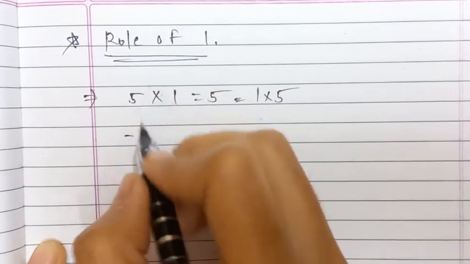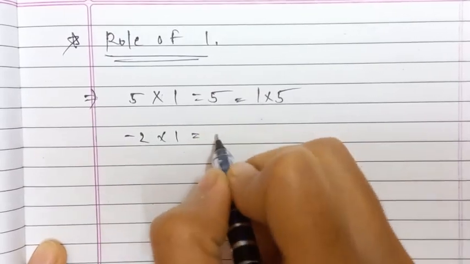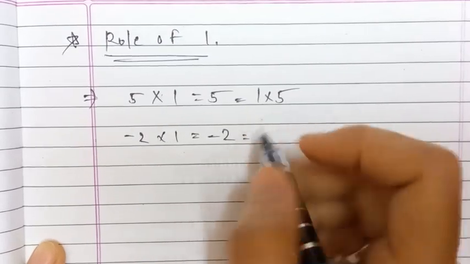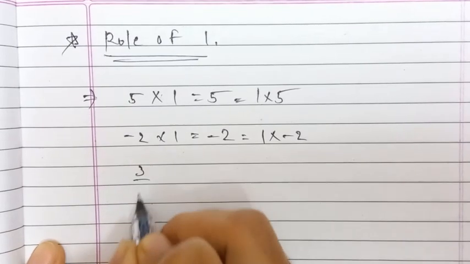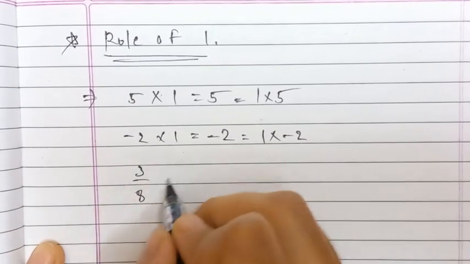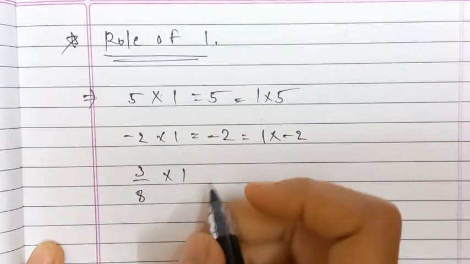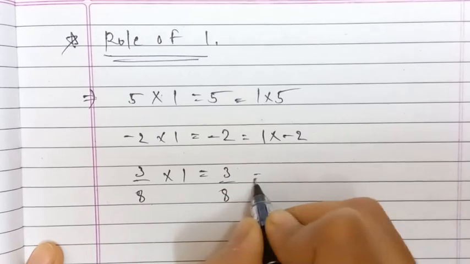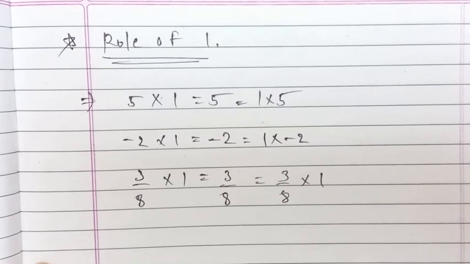Again, let's take an integer, -2. We get -2 even after changing the order. Let's take the rational number 3/8. If we multiply by 1, we will get 3/8 even if we change the order of the numbers.